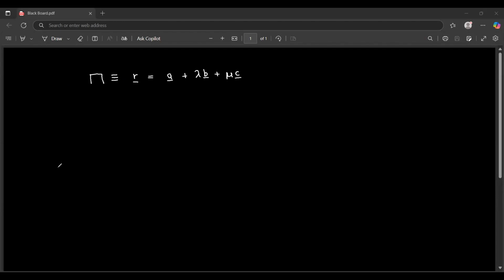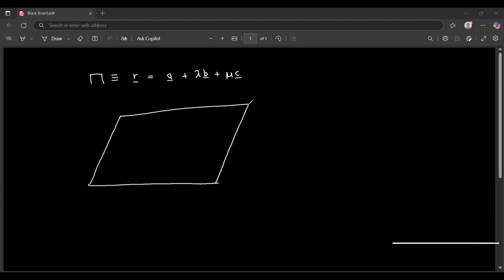If you want to visualize this, we have a plane, and to visualize this perfectly, we have to draw the origin point. There we have i, k, and j, so this is the origin point.